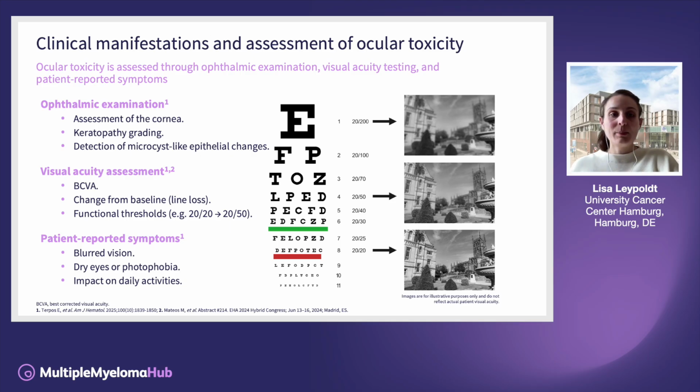compared to baseline, so that you have a change from baseline, and you can assess whether it is stable and maybe it wasn't that good all along, or whether there was actually a decrease in visual acuity. And how this looks, especially regarding functional thresholds, 20/20 to 20/50, you can see on the right side. If you start from the lowest picture, which is full visual acuity, everything is crystal clear.